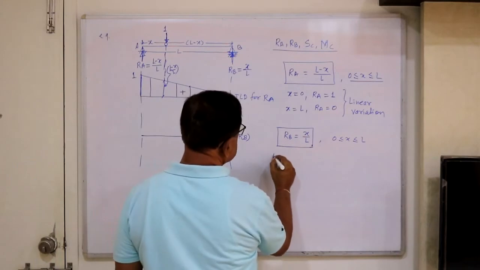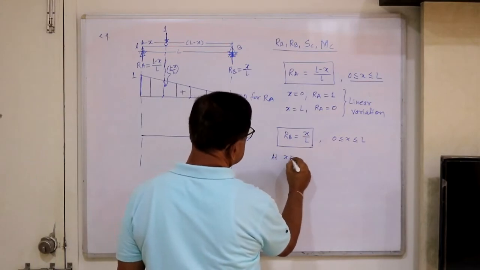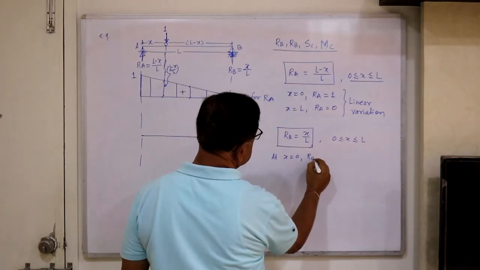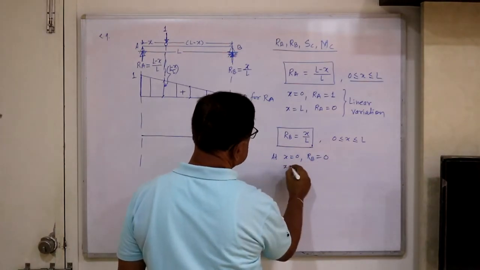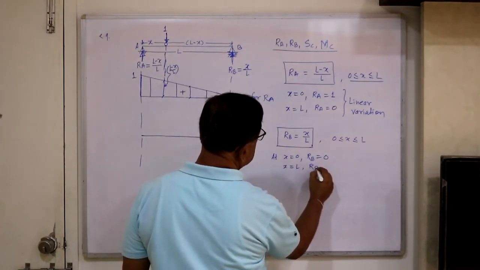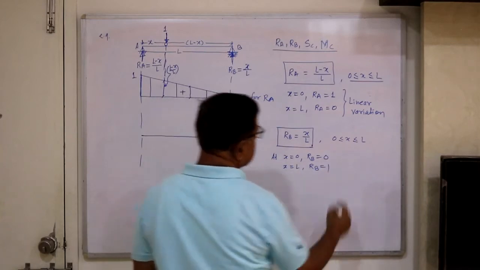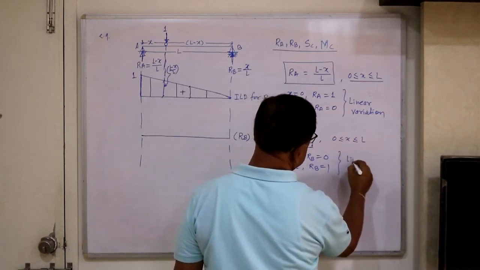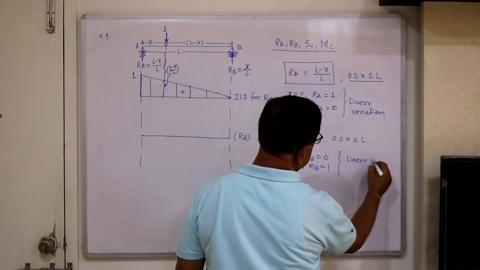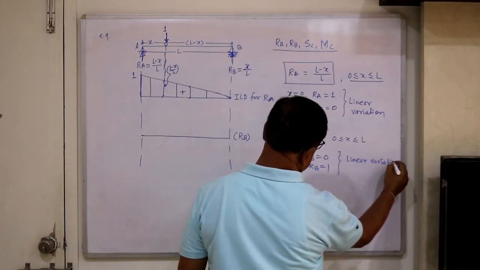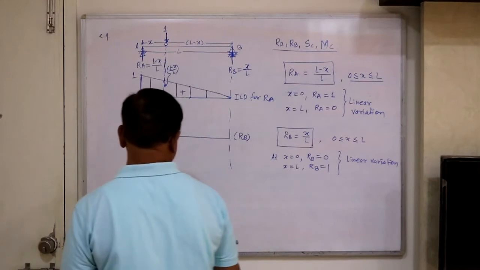Now at x equal to 0, what is RB? RB is 0, and at x equal to L, RB is 1. And again linear variation; that equation itself shows the linear variation.